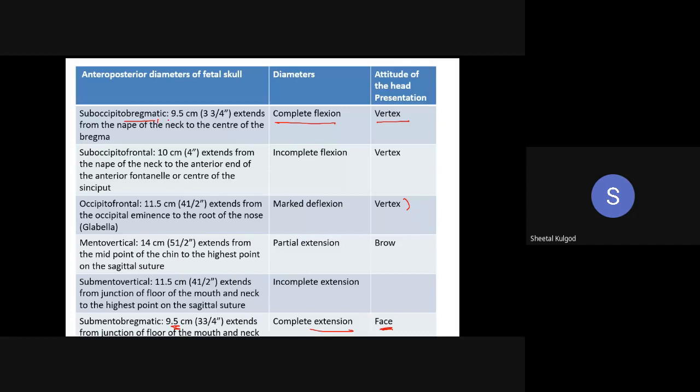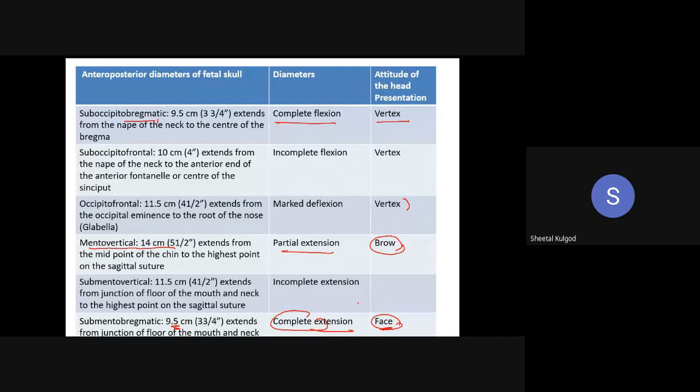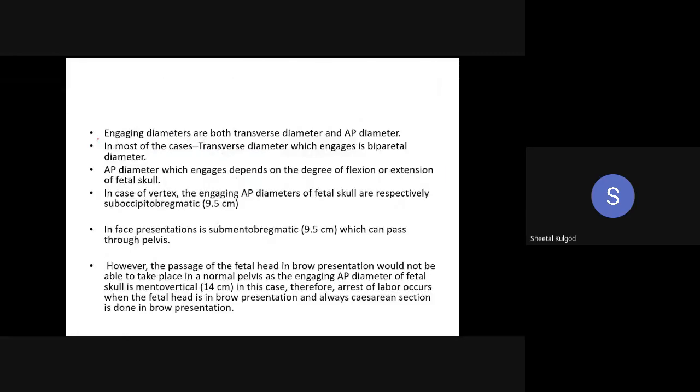In partial extension with the brow presentation, the engaging diameter is the mentovertical. And in complete extension with the face presentation, the engaging diameter will be submentobregmatic. So you should understand that the engaging diameters depend on the degree of flexion of the fetal head. Understood? I'll try to explain this with the help of the fetal skull and the pelvis.